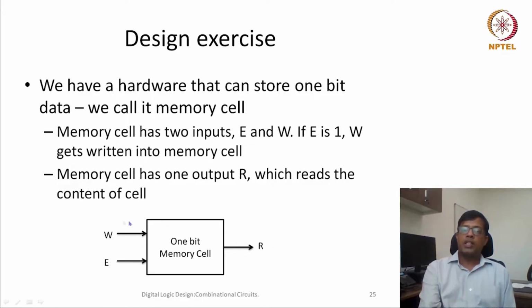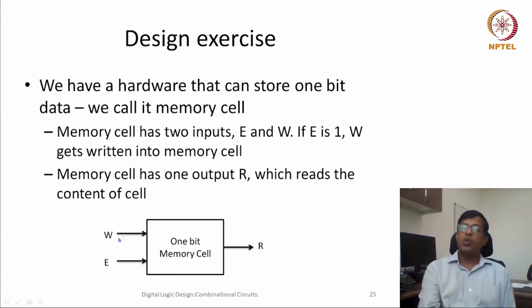And as input, we should be able to write to this memory cell. Let's say we have two inputs which help us in writing. If E is 1, whatever is the content of W will get written to the memory cell. But if E is 0, then nothing happens. So the content of W will be written into this memory cell only if E is 1.